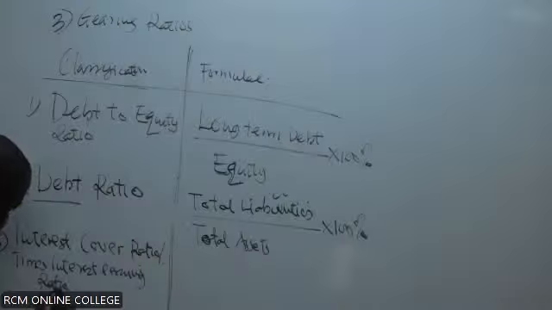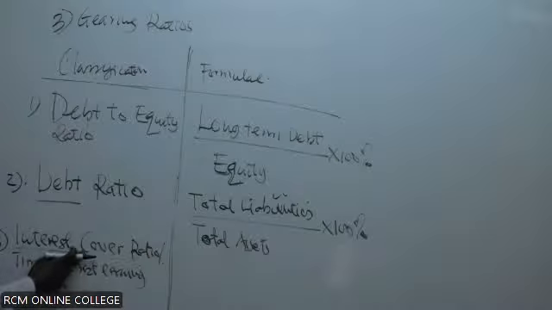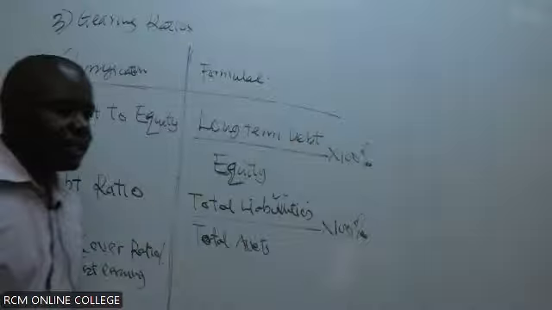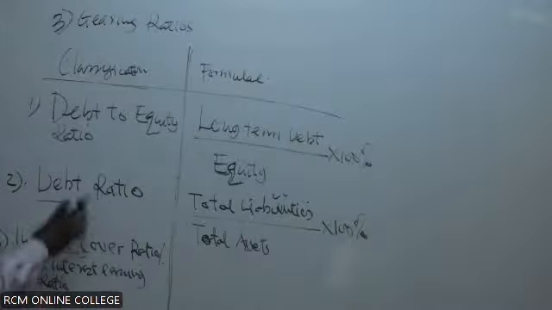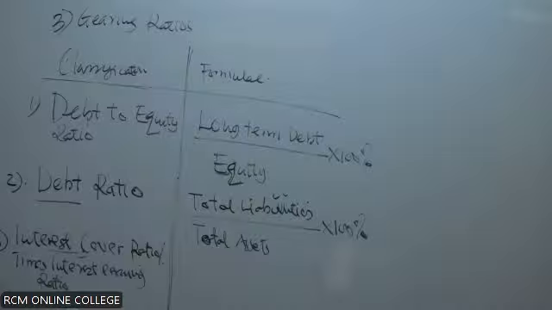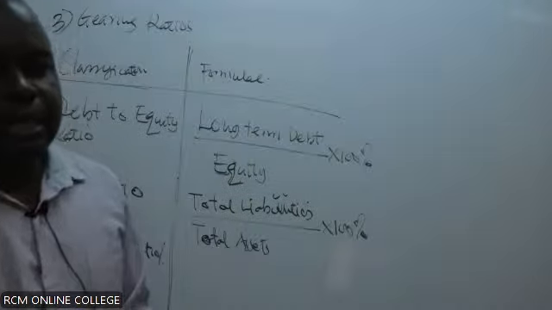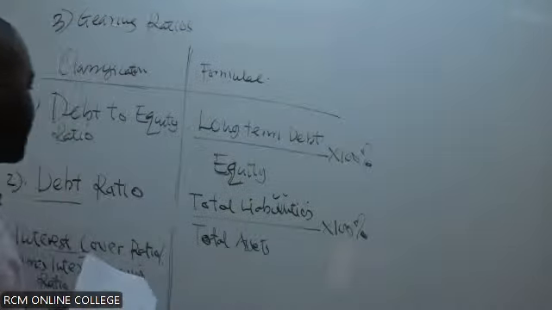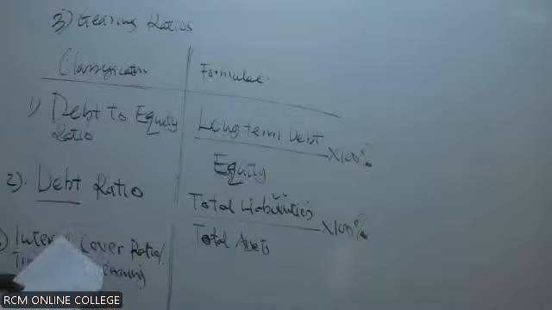So what is the formula for this one? We're just looking at, from the word interest cover, will we be able to cover the interest or the finance cost in the company? Remember, when you borrow, you'll be charged interest. So with the interest cover ratio, we are trying to find out if, as a company, we've been charged this interest, will we be able to cover it?